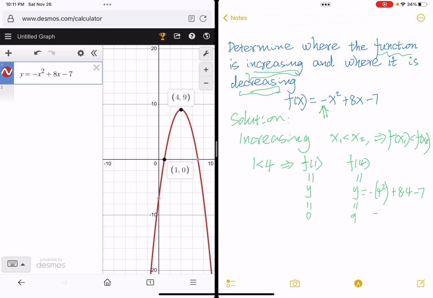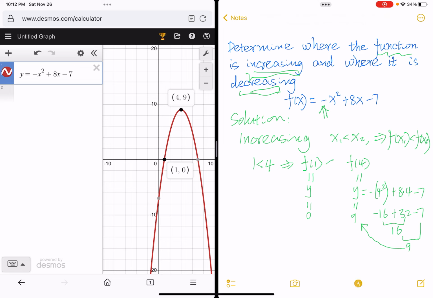So you have negative 16 plus 32 minus 7. This gives you 16, and then minus 7 gives you 9. This is how we got 9. Okay, x is 4, then y is 9.